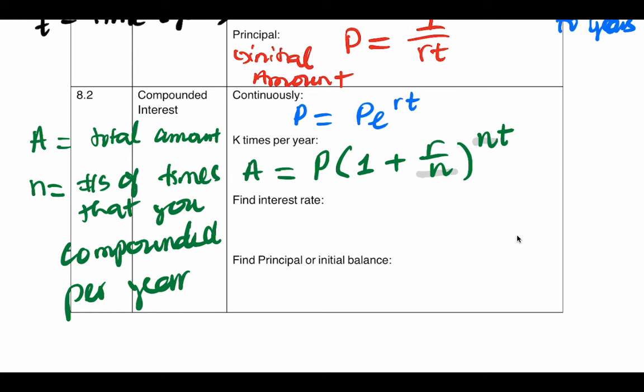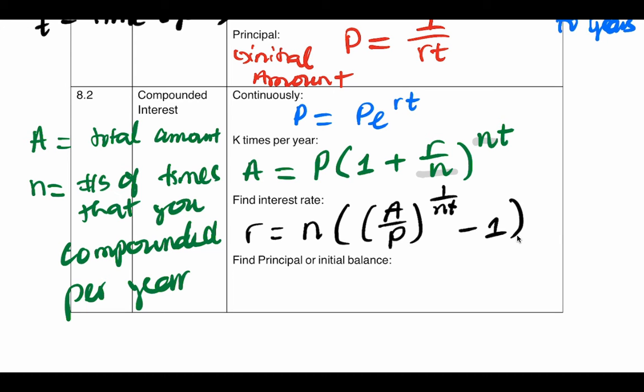Then another objective I want you to do is find the interest rate, which is solving for R. So here's a formula that you're going to use. Do not ignore the parentheses. Do not ignore me when I go over the comments. I will add a comment and say, hey, I saw that mistake. Fix it so you know what to do. All right, then the last one is the principal, which is the original or initial balance.